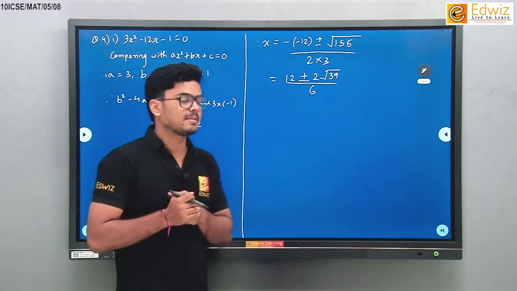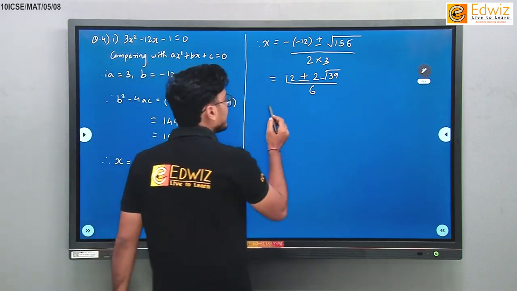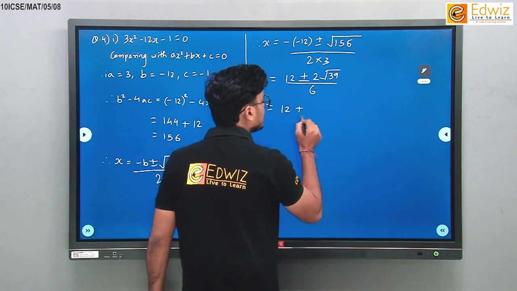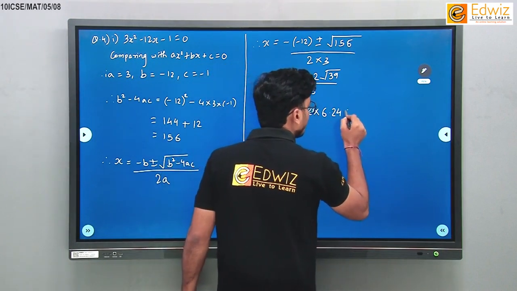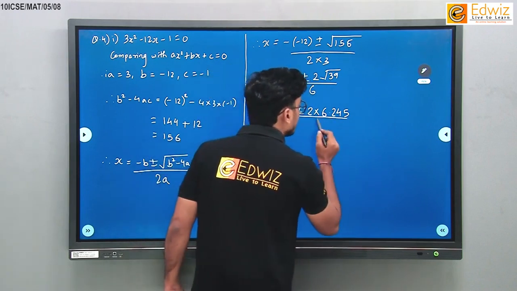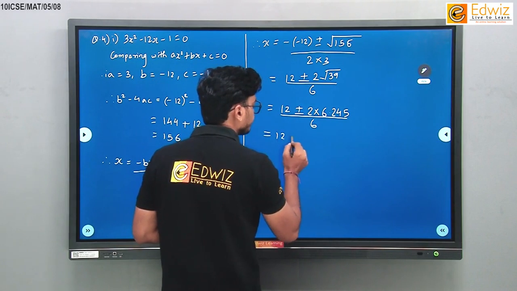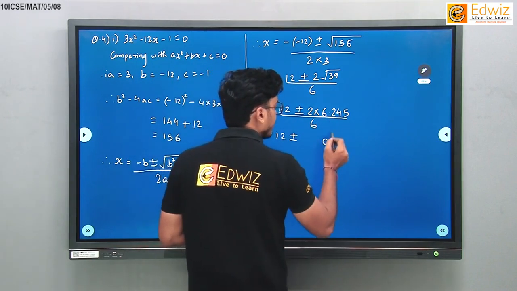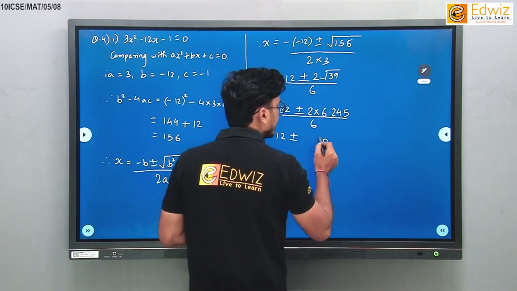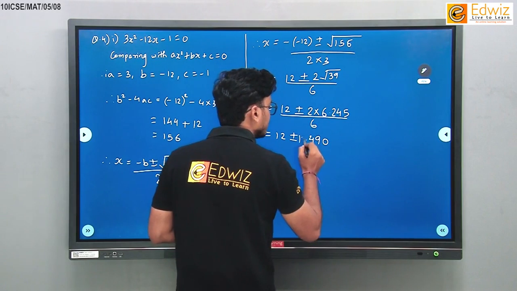Correct to 3 decimal places, it is 6.245. So I'll write it 12 plus or minus 2 multiplied by 6.245 divided by 6. Okay, if we solve this further, so 12 plus or minus 2 5s are 10, 1 carry, 2 4s are 8, 9, 2 2s are 4, 2 6s are 12.